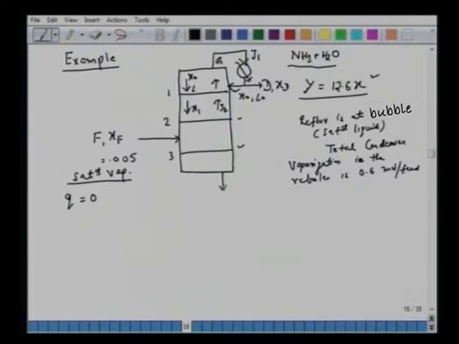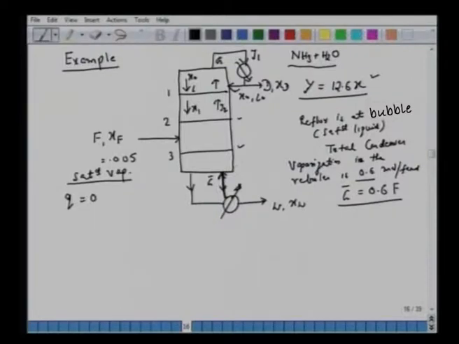So the liquid comes to the reboiler, we withdraw the product W with composition XW, and the vapor is sent back to the column from the reboiler. This flow rate of the vapor is adjusted so that we have this G bar, which is 0.6 times the feed flow rate, 0.6 into F.